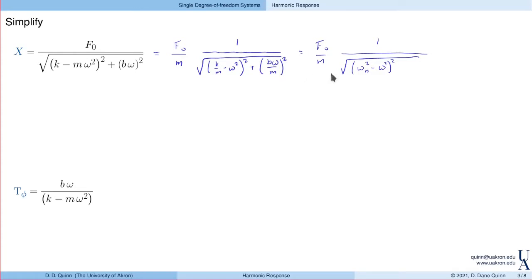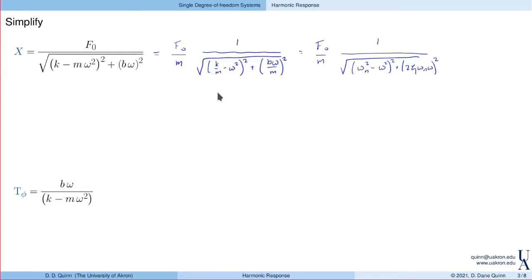And b over m was actually 2 zeta omega n, times this omega, quantity squared. So by factoring out the mass, we can write this complicated piece in terms of the natural frequency, damping ratio, and the forcing frequency.